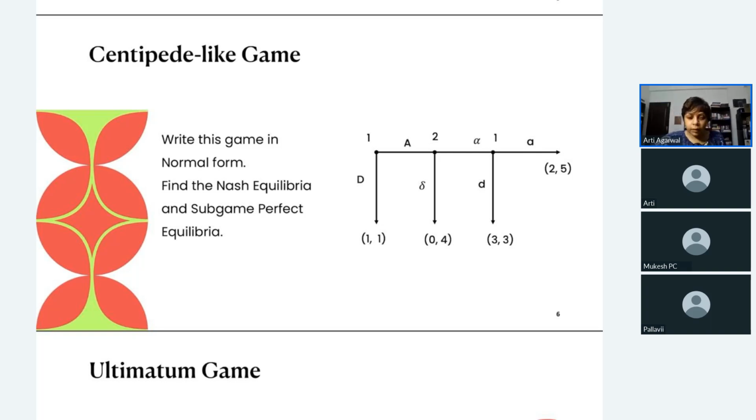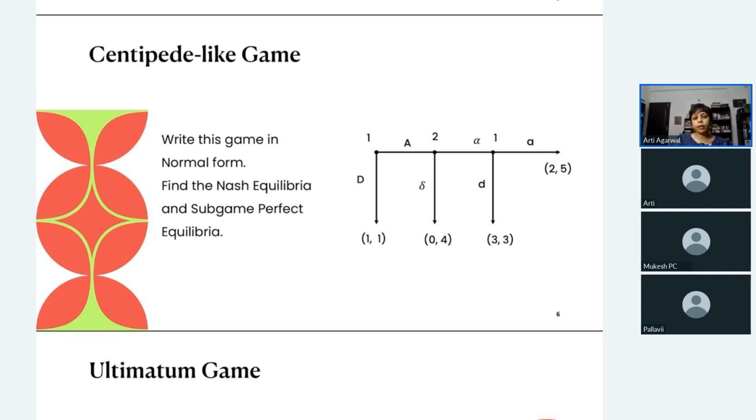Now, in this particular question, what do you think are the strategies of the two players? You can just type it out. You can take a few minutes to think if you want. So you have three decision nodes.